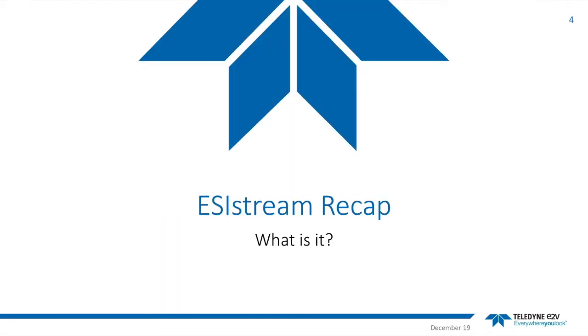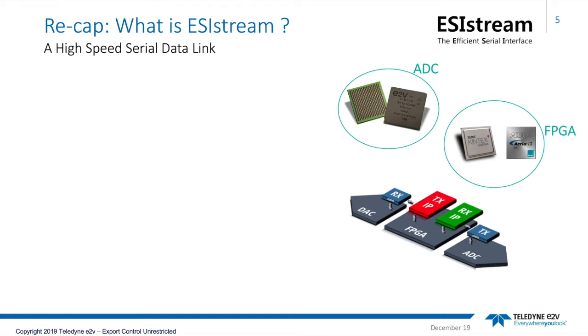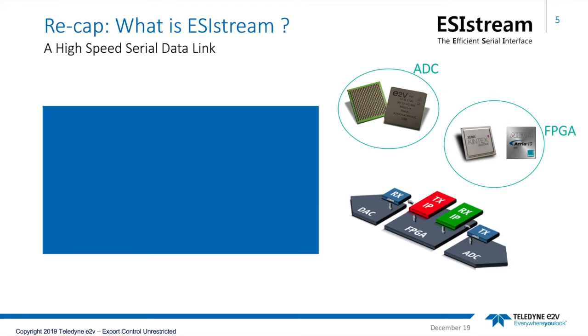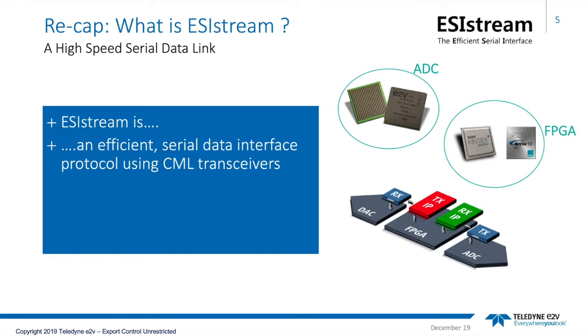Let's recap on ESIstream and answer the questions: what is it and what can it do for you? ESIstream, like JEDEC JESD204, is a high-speed serial data interface used primarily to connect data converters to field programmable gate arrays, or FPGAs.